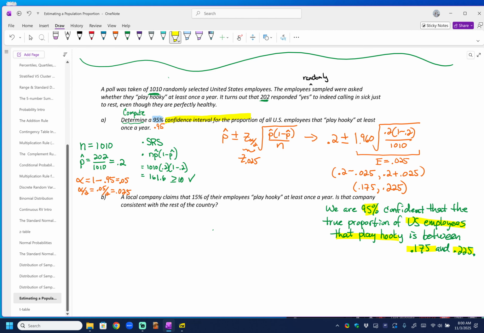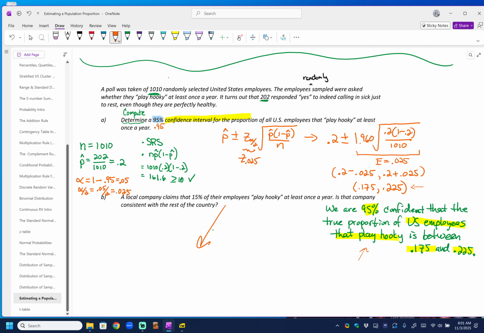Okay, just one more critical thinking question here. It says a local company claims that 15% of their employees play hooky at least once a year. Is that company consistent with the rest of the country? Okay, so what we've basically done is we've come up with this interval here, in order to judge what the true proportion for the rest of the country would be in terms of a proportion who play hooky.